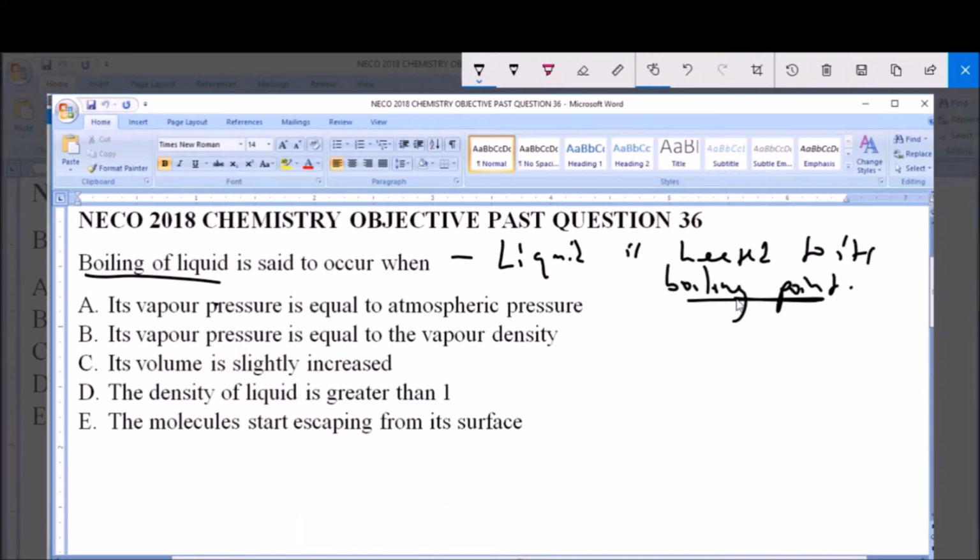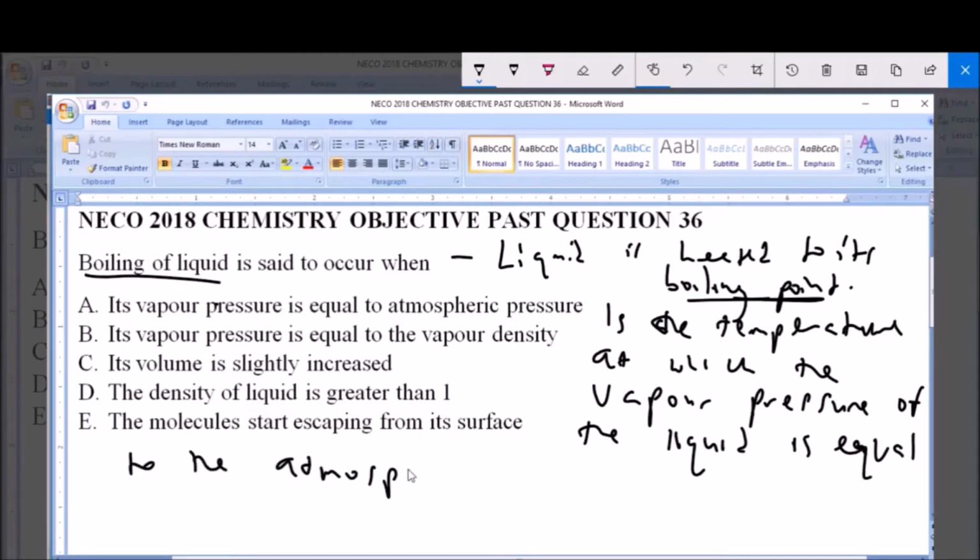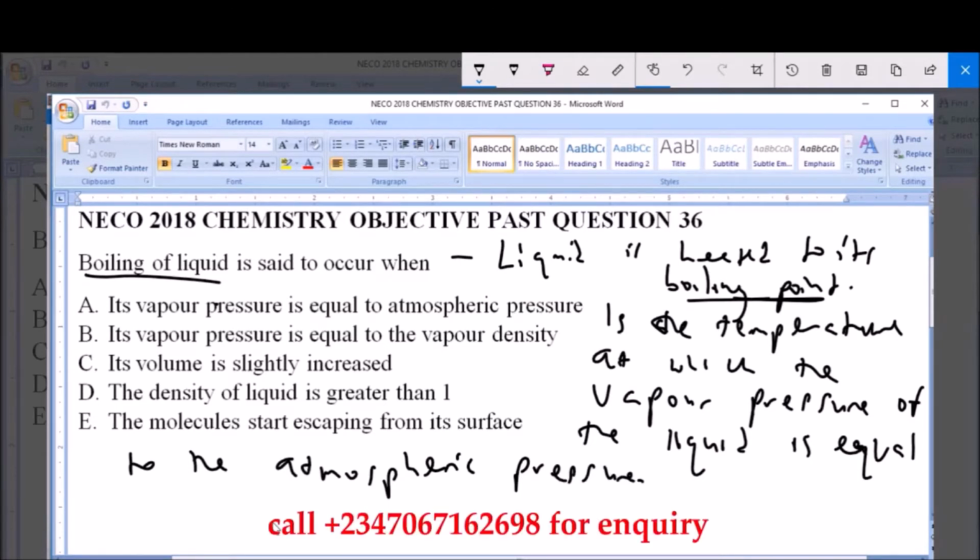And the boiling point of a liquid is the temperature at which the vapor pressure of the liquid is equal to the atmospheric pressure, or the pressure exerted by the surrounding atmosphere.